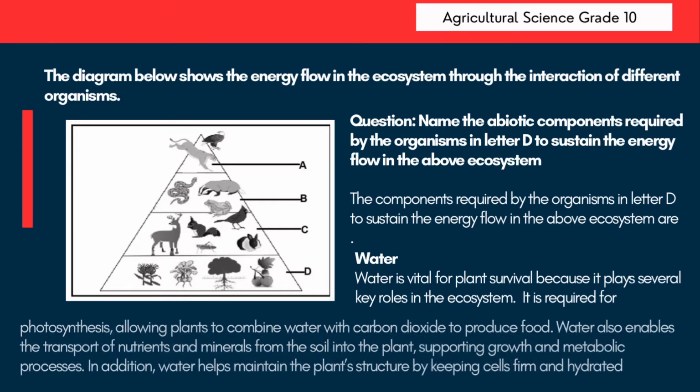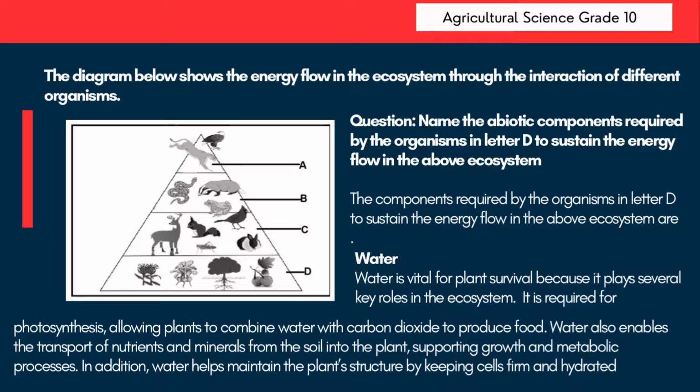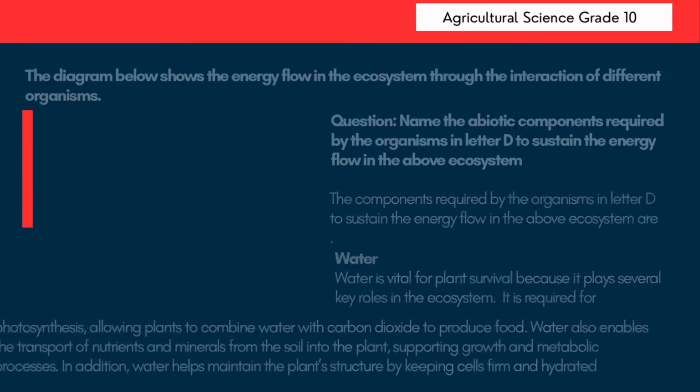It is required for photosynthesis, allowing plants to combine water with carbon dioxide to produce food. Water also enables the transport of nutrients and minerals from the soil into the plant, supporting growth and metabolic processes. In addition, water helps maintain the plant's structure by keeping cells firm and hydrated.